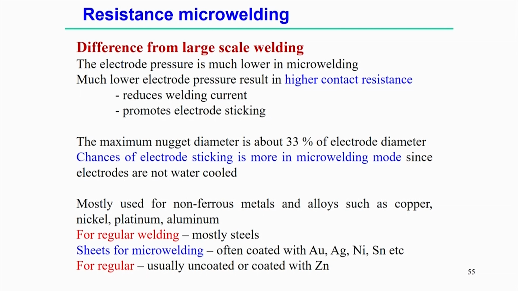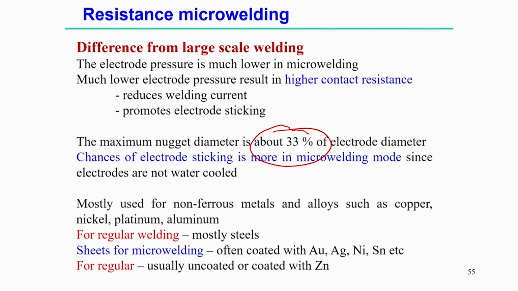It is observed that the maximum nugget diameter in resistance micro welding is around 33% of the electrode diameter, but the chances of electrode sticking are higher in micro welding applications, because the electrode size is small.